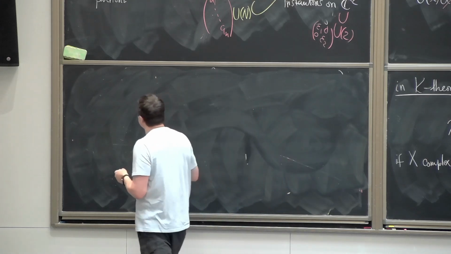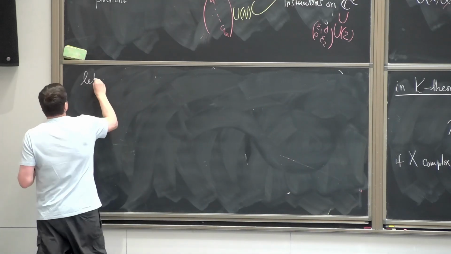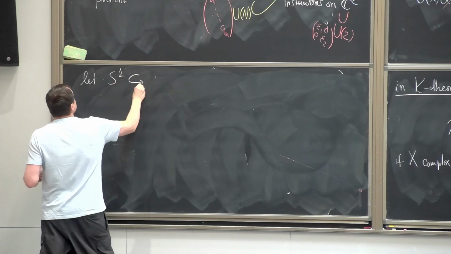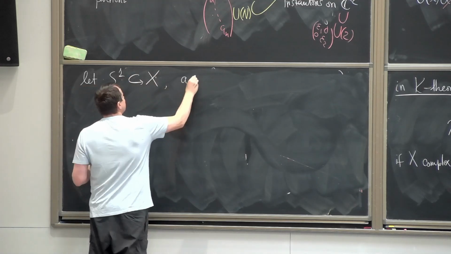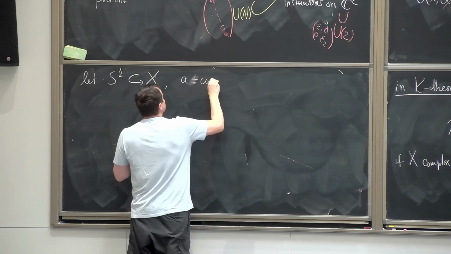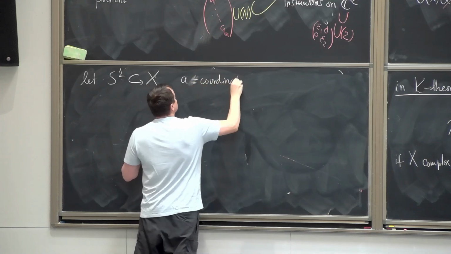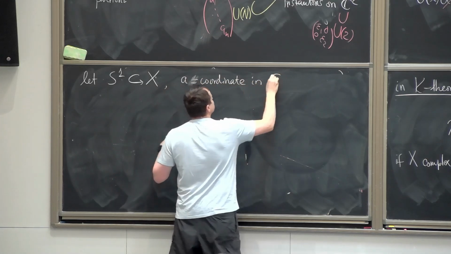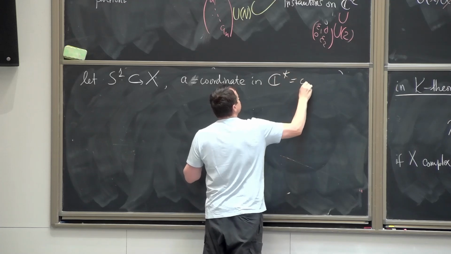So let S1 act on X, and let A maybe be a coordinate in the complexification, C star into the complexification.